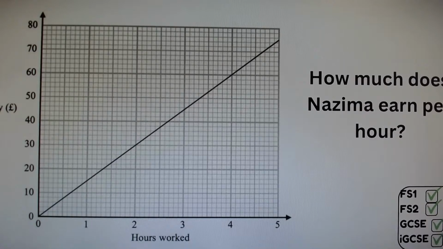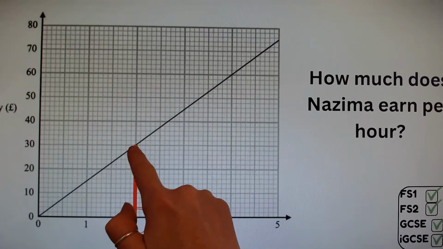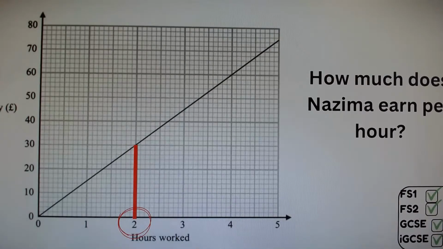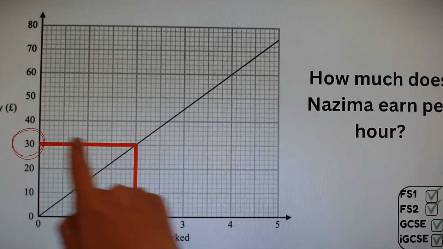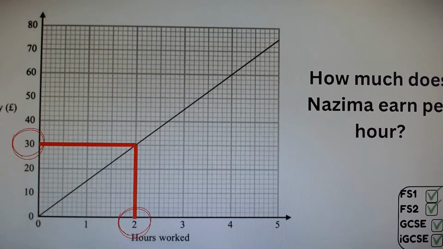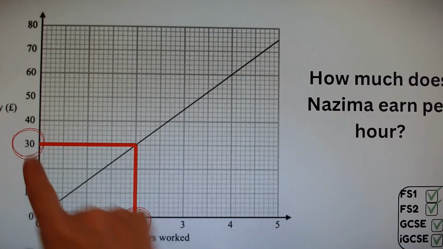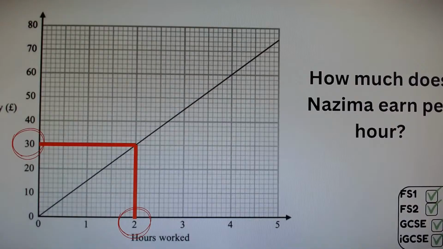So it's easier to go to a point like we did for 4 hours, or you might notice 2 hours is quite an easy value to read off, because if we go to 2 hours, we find out that Nazima earned £30, and then we can just half that, because we know half the amount of time, she would have got half the amount of money.